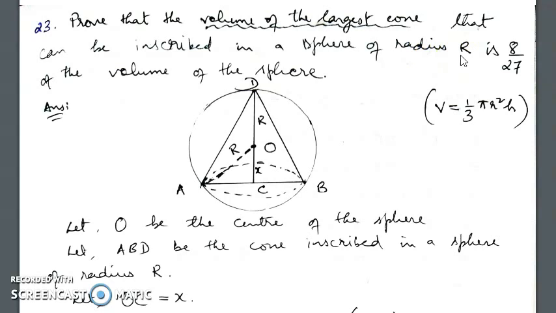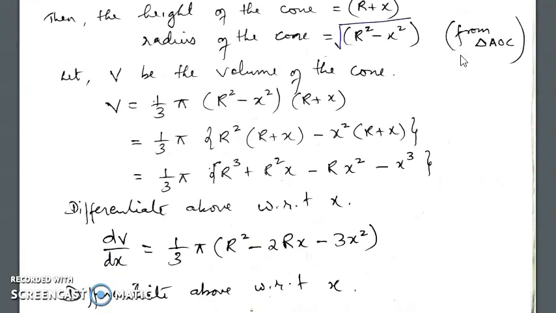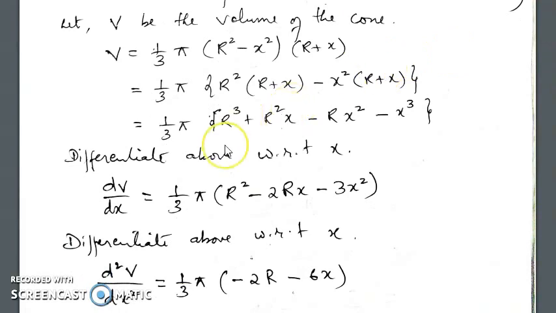So R will be a constant because the radius is given. When you differentiate R cube, a constant, that means 0. R square times X, differentiate X with respect to X, so you'll have R square only. Differentiate R X square: R is constant, differentiate X square, you'll have 2X. Differentiate X cube, you'll have 3X square.